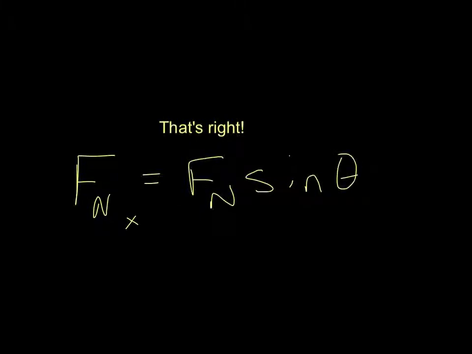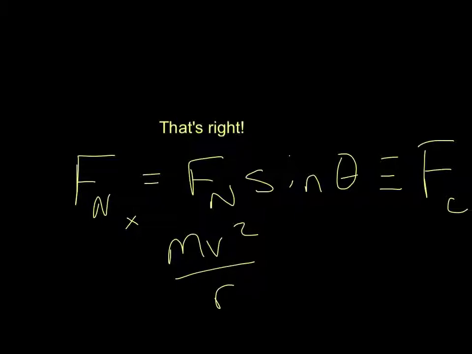And this is interesting, right? Because of course we said that Fnx is also defined to be, in this case, the magnitude of the centripetal force, which is mv squared over r. So transitive property again, mv squared over r, where r is the distance from the bank to the axis of rotation on the racetrack, is equal to Fn sine theta.